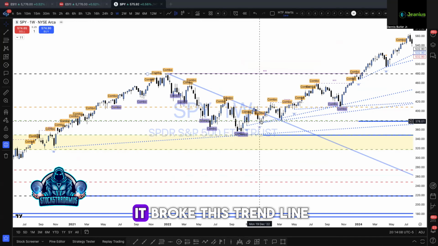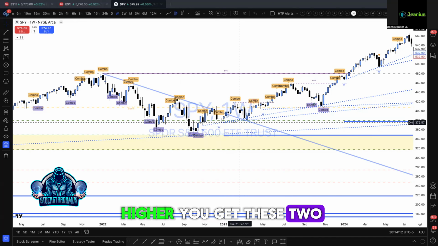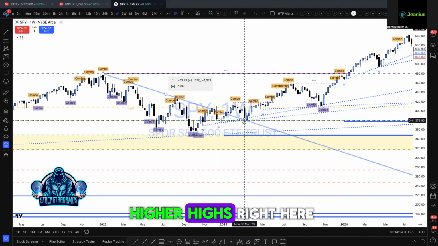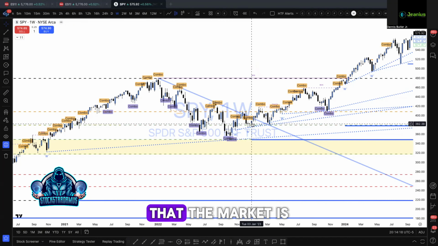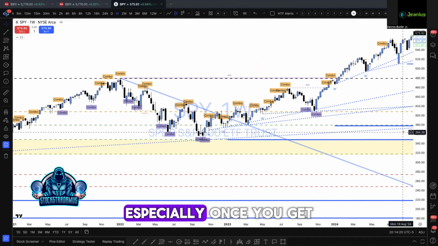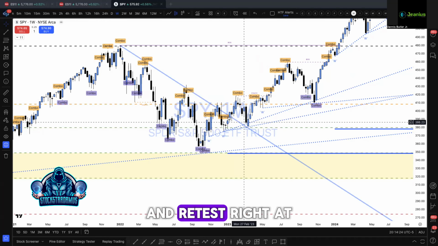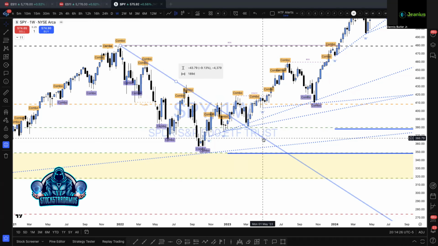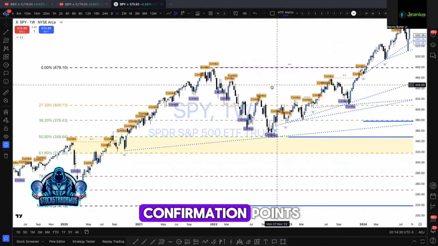Once I realized that it broke this trend line and you get these two, I guess double bottom higher highs right here, you can somewhat anticipate that the market is ready to start pushing up, especially once you get this breakout of this trend and retest right at the outside of the trend line. You see what I'm saying? So those were good confirmation points.